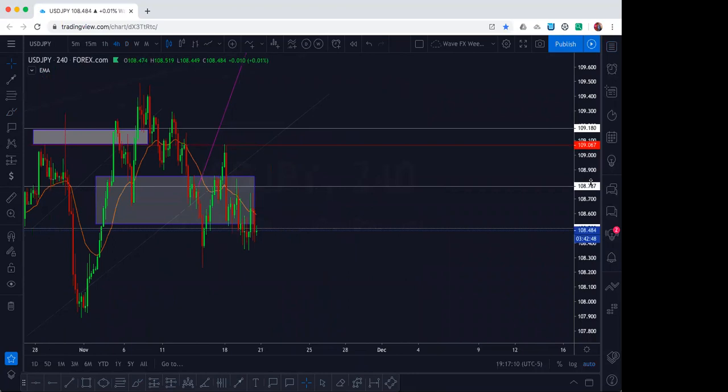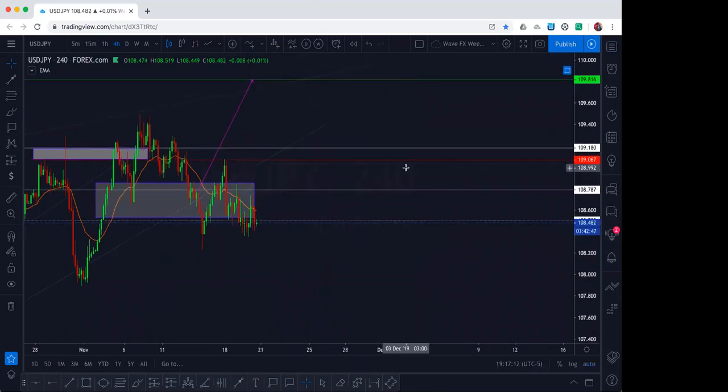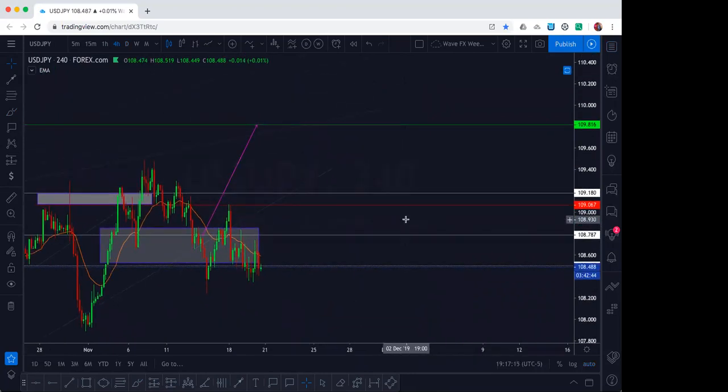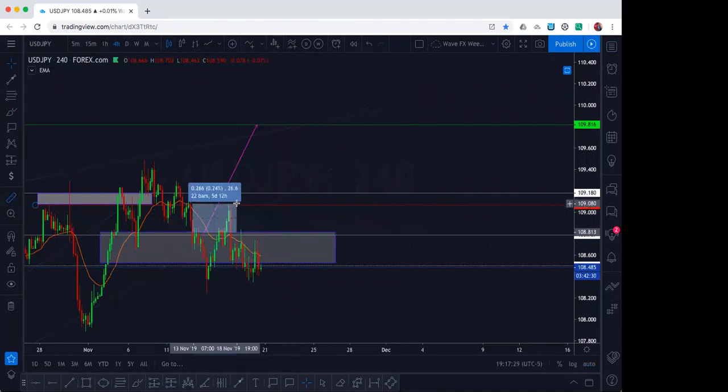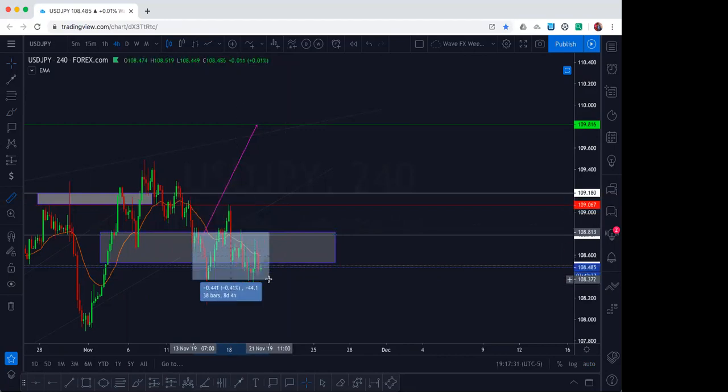And this one, now we saw strength coming out of the yen, but with the strength also that we experienced from the dollar, pretty much kept this pair standstill. In essence, since we were here, we pushed up by 26 pips and down to a max of about 50.